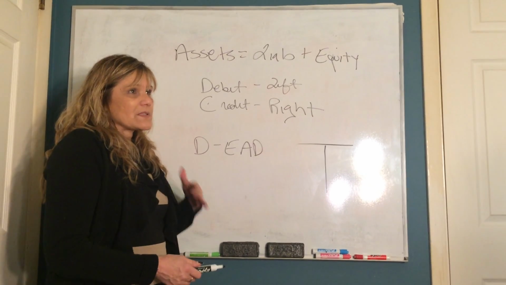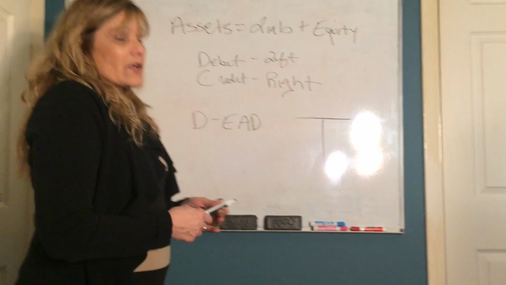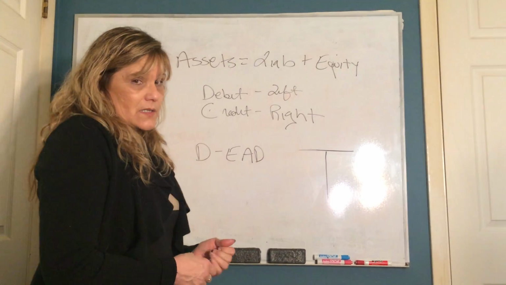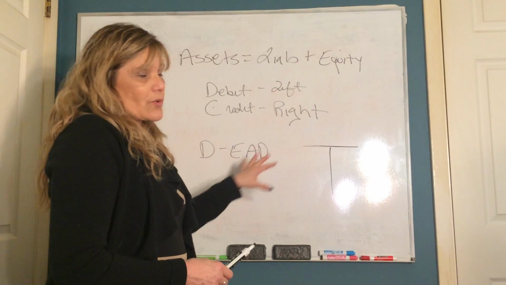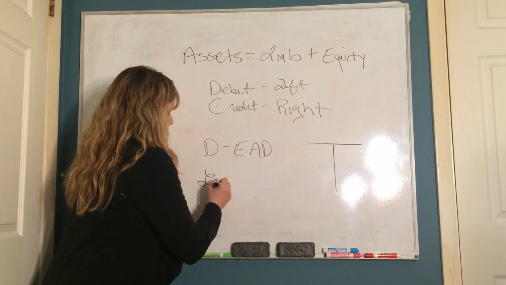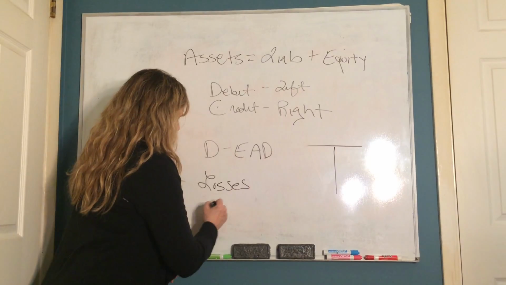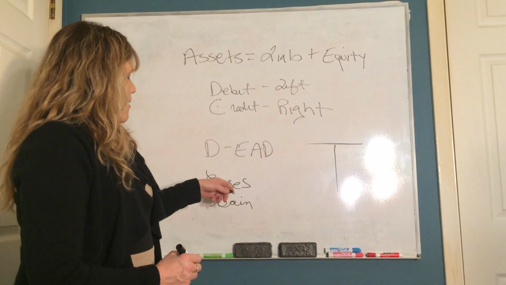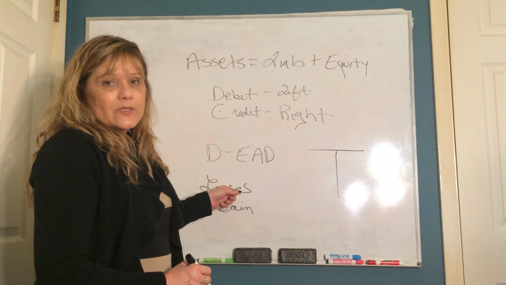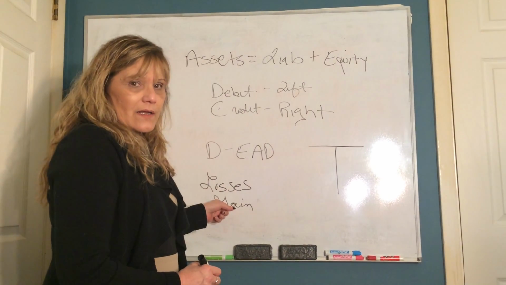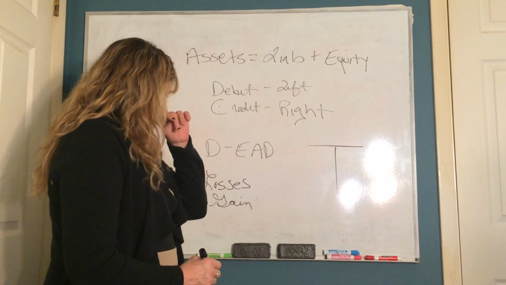All other types of accounts will increase with a credit and decrease with a debit. The only thing I'm not taking into account with the word DEAD is losses and gains. But we don't talk about that for a while. But since I mentioned it, losses increase with a debit, decrease with a credit. Gains increase with a credit, decrease with a debit.